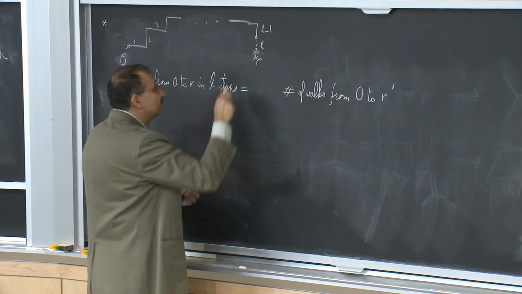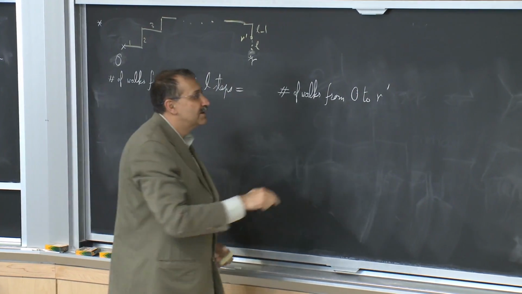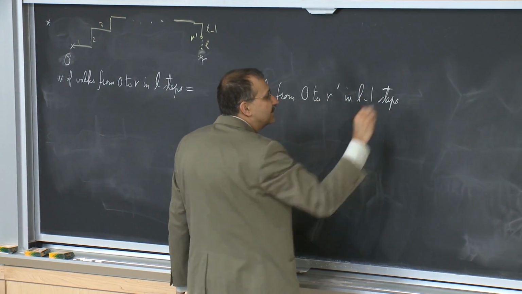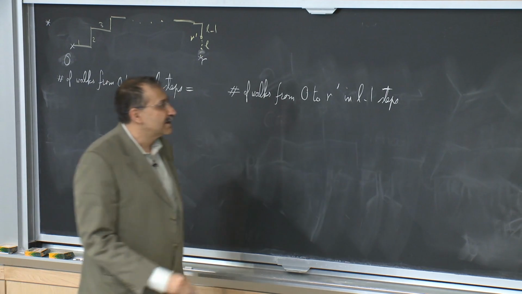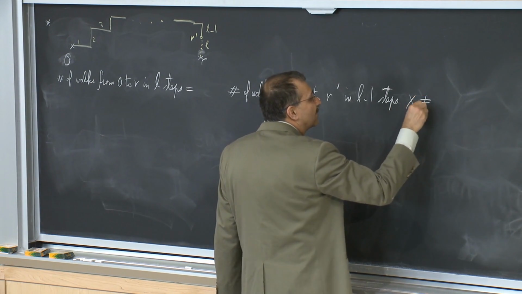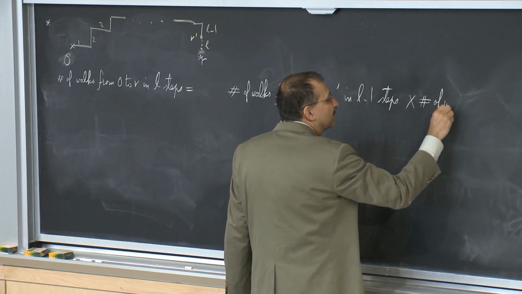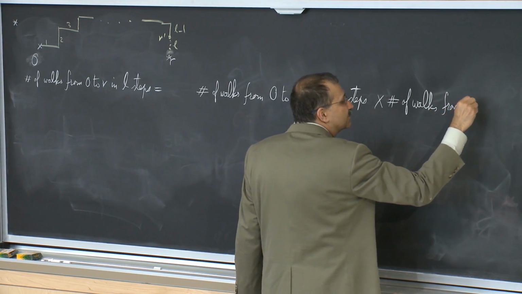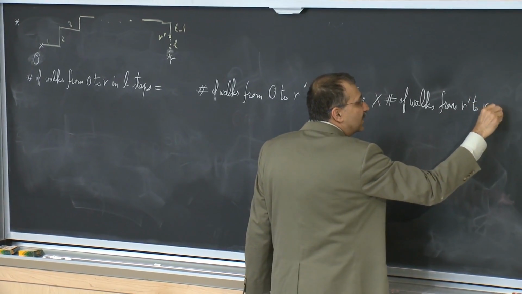I'll call this point r prime, in L minus 1 steps, and then times the number of walks from r prime to r in 1 step.